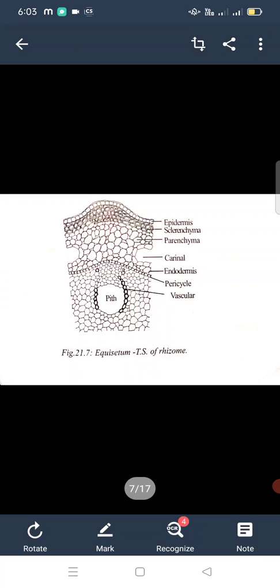The outer cortex is made up of sclerenchyma, and the inner cortex is made up of parenchyma cells. There is a presence of carinal canals and a single layer of endodermal cells, and below the endodermis there is pericycle, and there are vascular bundles similar to those of the aerial shoot.